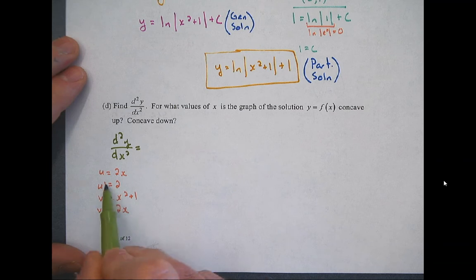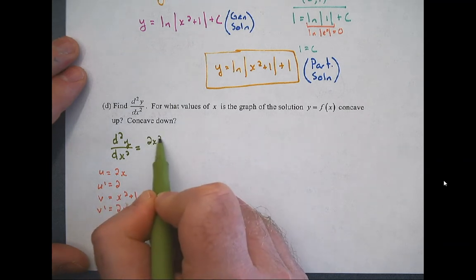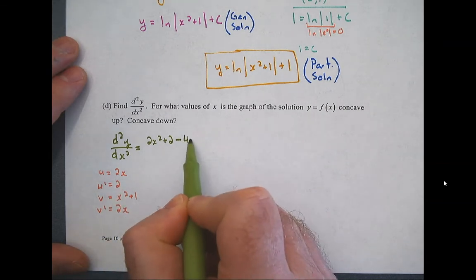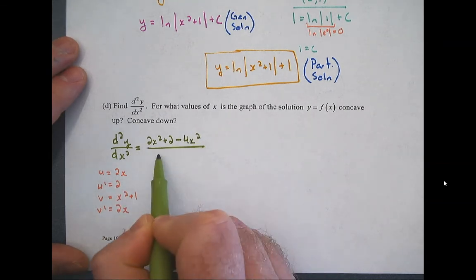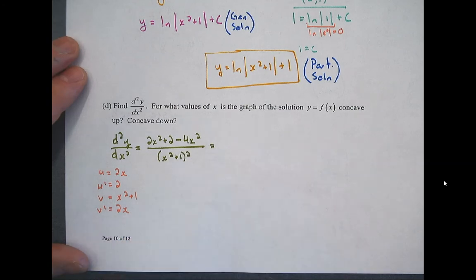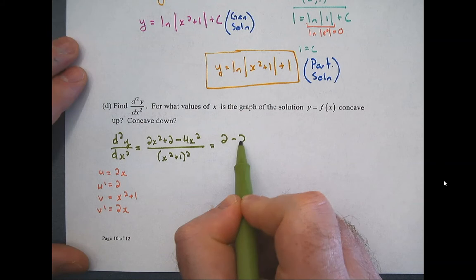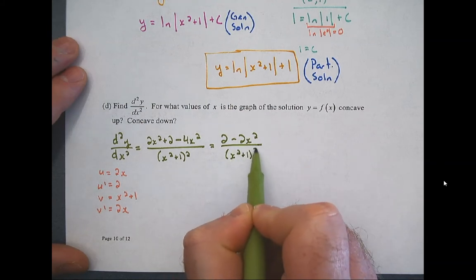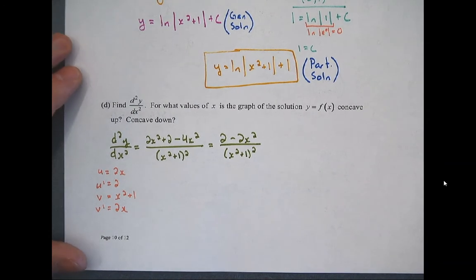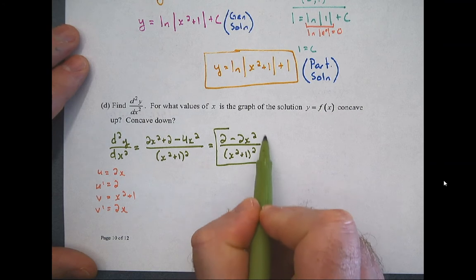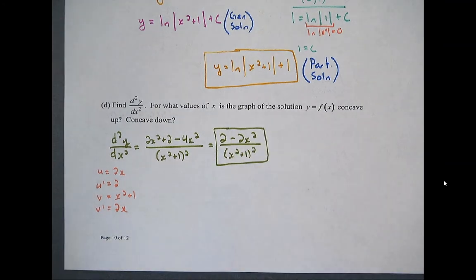So u prime v would be 2x squared plus 2 minus 2x times 2x is 4x squared over v squared, which we can then clean up to be 2 minus 2x squared over x squared plus 1 squared. They did ask us to find this, so we need to box it in.